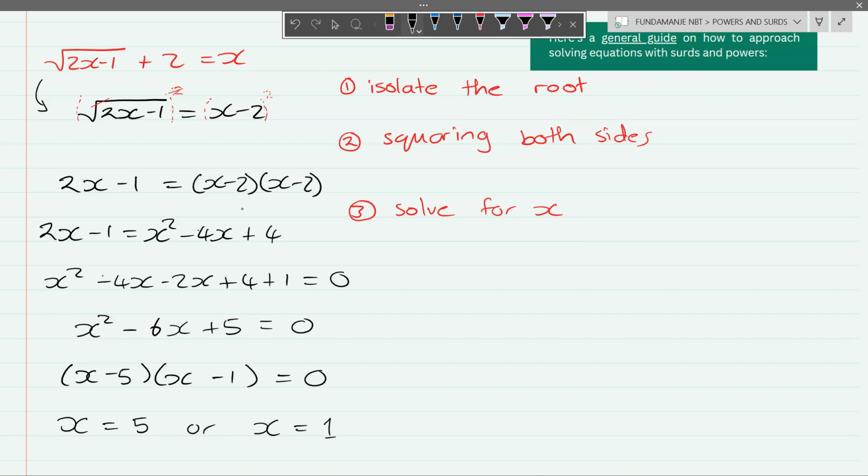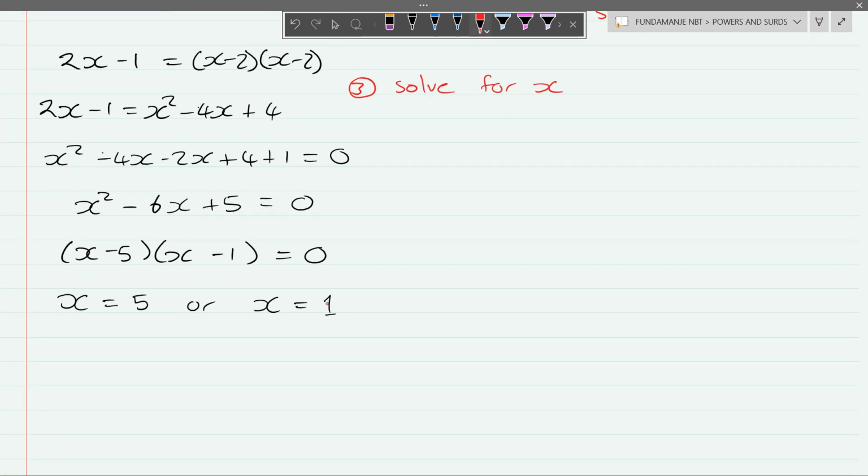In fact, with surds, there's always the chance that one of the answers is wrong, and you have to figure out which one is correct. So the last step would be to check if the answers are correct.